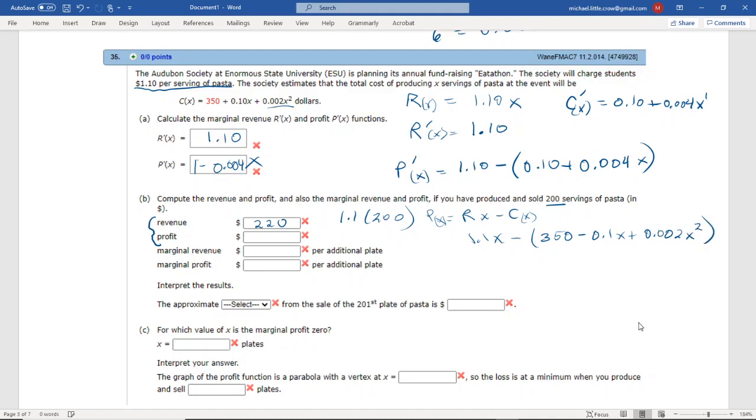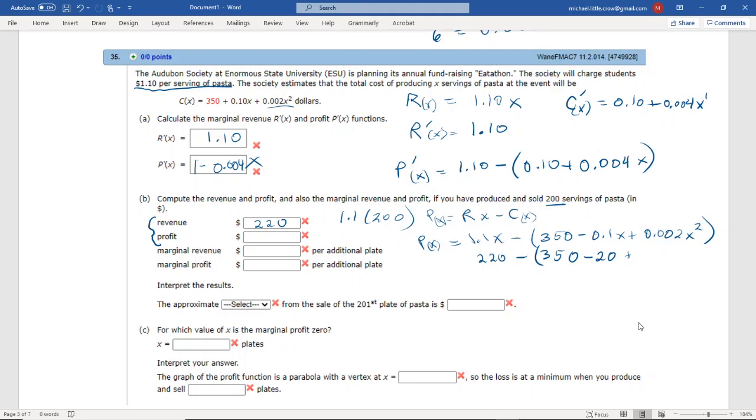Okay, so we're dealing with the profit function, not the derivative. Plug in 200, you'll have your answer. So this is going to be our 220 minus, and notice I'm going to go ahead and do this calculation all together and then just subtract at the end. This is 200 times 0.1 is going to be 20.